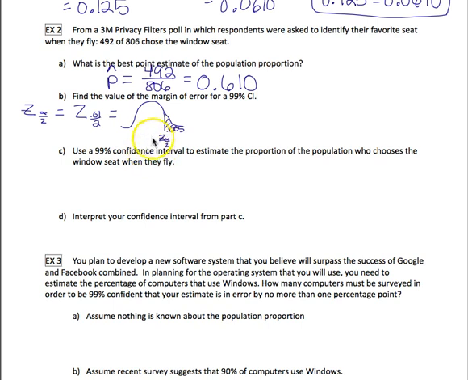Now, again, depending on what calculator operating system you have, if you have the one that allows you to choose right, then by all means, go ahead and do that. Most of the operating systems still, you have to give the area that's on the left side. So that, of course, means that we're going to have to do 1 minus in order to figure out what goes on the left.